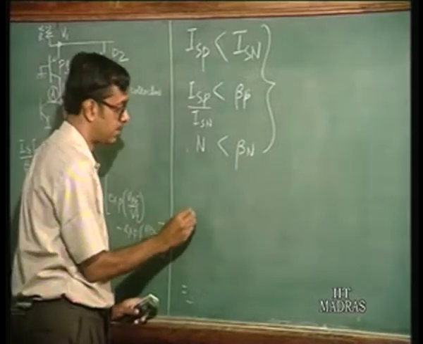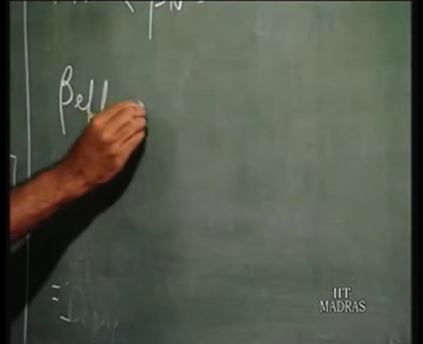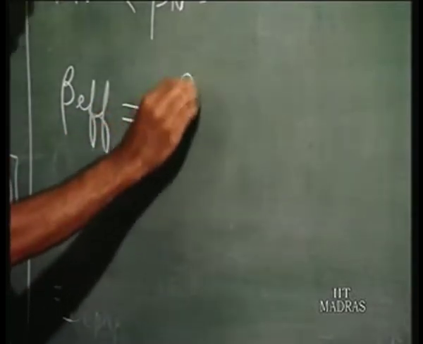Another way of writing that expression is, one term is called the beta effective, which is equal to beta n.